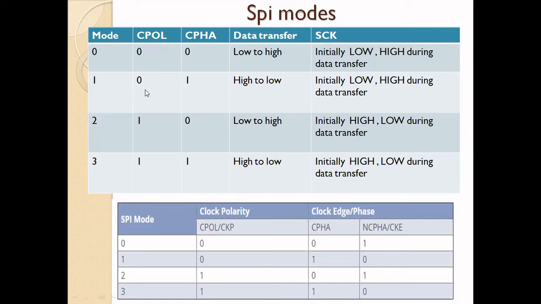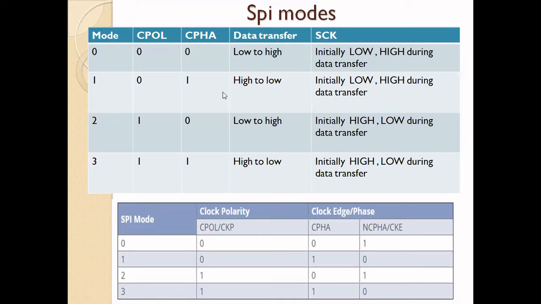Next one is clock polarity 0. Initially it is 0, next it will be high during data transfer. But in this mode the data transfer takes place from high to low. Next one is 1-0, where data transfer takes place from low to high, and the clock pulse is initially high, then it will become low during data transfer.